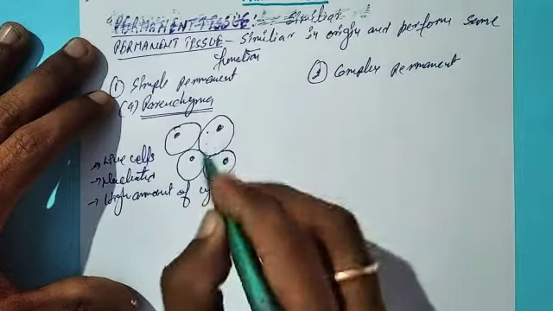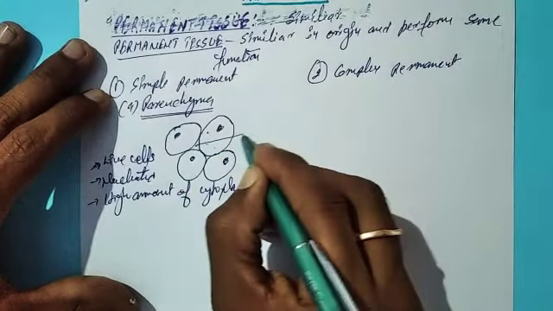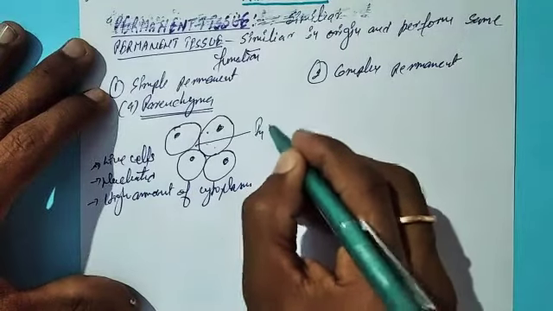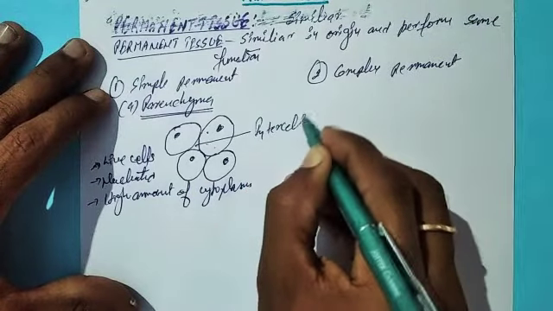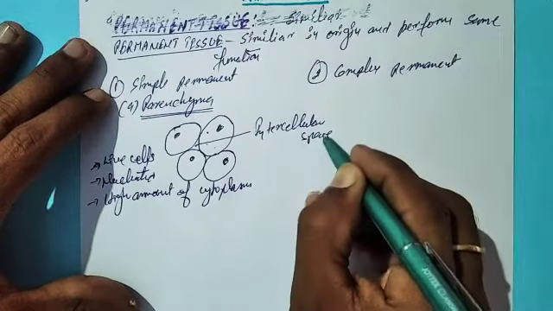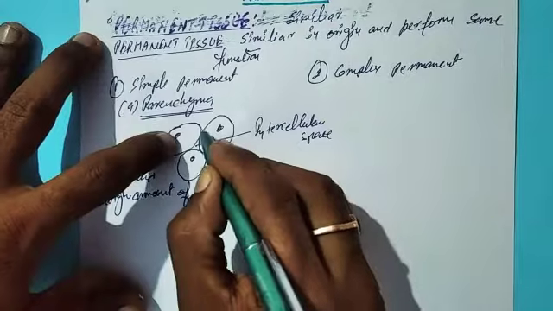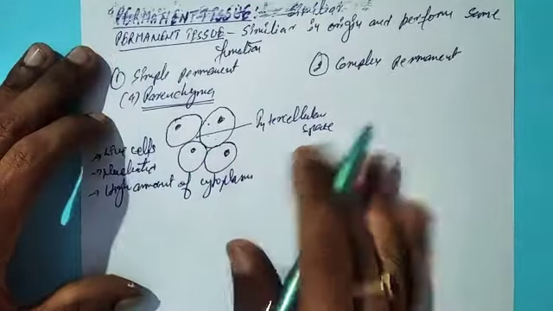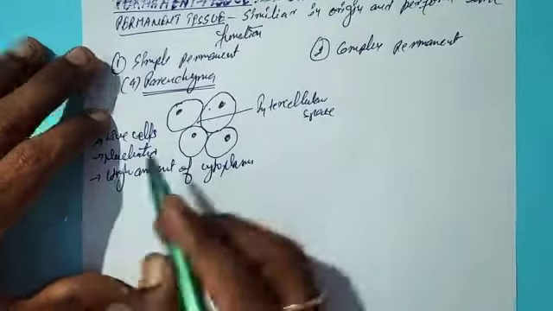A very important thing is intercellular space. Intercellular space is found between two or more cells.